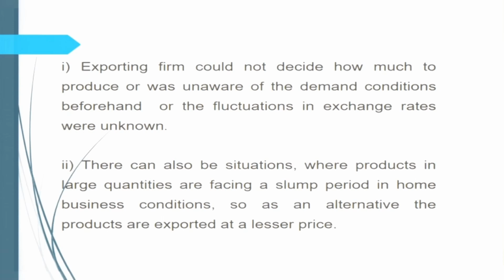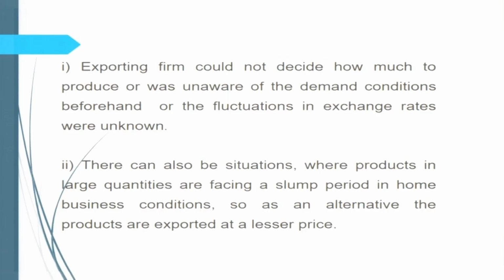So, exporting firm could not decide how much to produce or was unaware of the demand conditions beforehand or the fluctuations in exchange rate. Sometimes the price has suddenly gone down for certain reasons, or the market conditions have gone depressed, and when they were manufacturing the goods, the market was high.